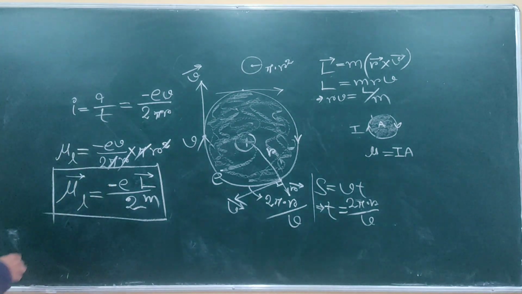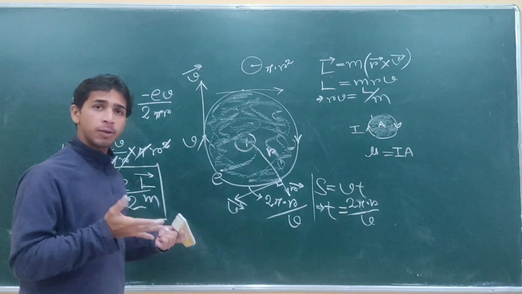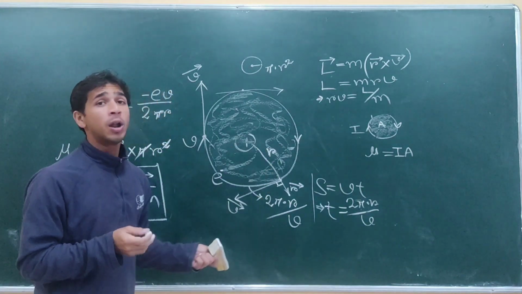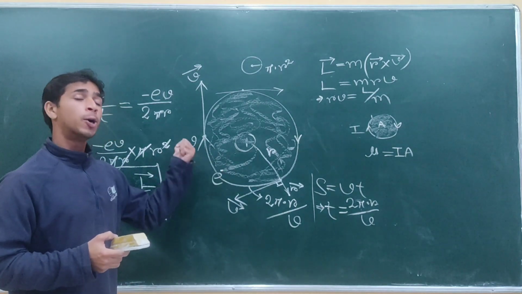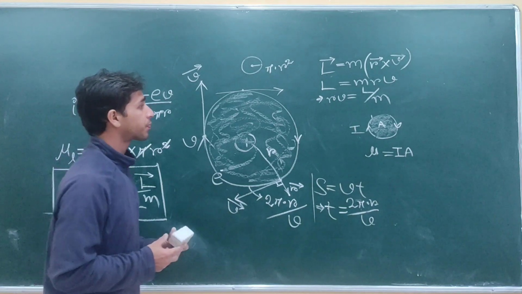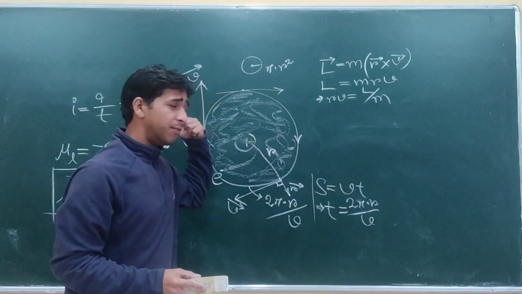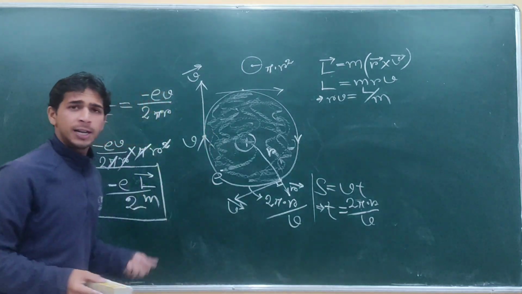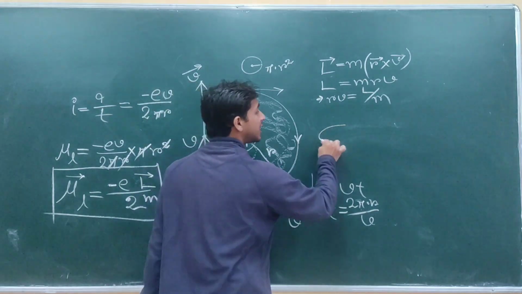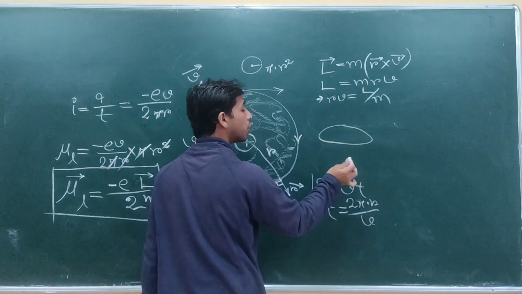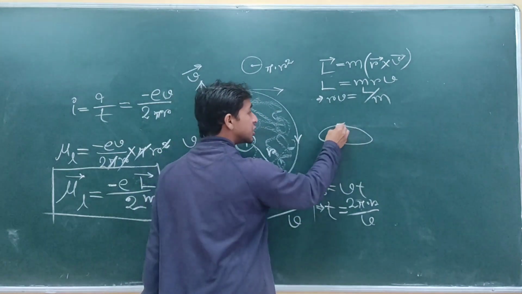Due to this negative sign, we can say whatever the direction of the orbital angular momentum of an electron is, the orbital magnetic moment of that electron will be opposite. Let's visualize this with some figures. Let's say this is our circle where the electron moves around this point called the nucleus along this direction.